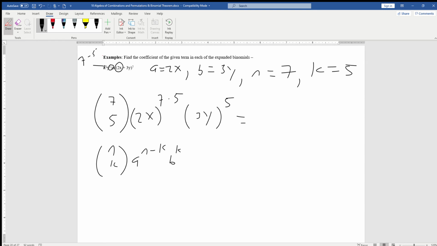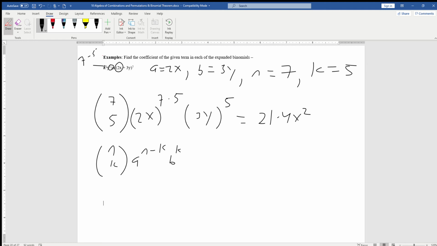7 combination 5, that should be 21, but I'm going to verify that using my calculator. So it's 21 for the combination. And then 2x squared is going to be 4x squared.